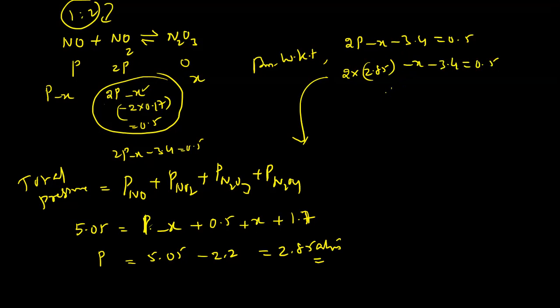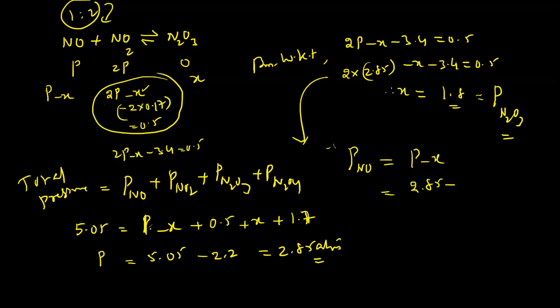Upon simplification we got the X value equal to 1.8 approximately, that is the partial pressure of N2O3. Therefore partial pressure of NO will be P minus X, that is 2.85 minus the X value we got, 1.8. It is 1.05 atmospheres we got, that's nitric oxide.